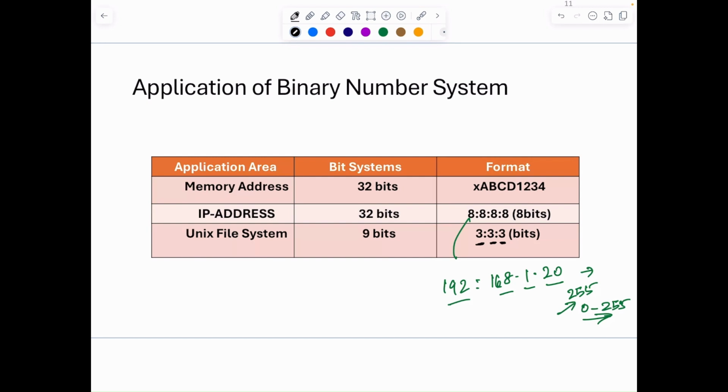You might have wondered why your IP address never goes beyond 255. Because the range you can represent in 8 bits is from 0 to 255. That's the value you can represent. So there is no IP address part starting at 256. You should know that. Okay.